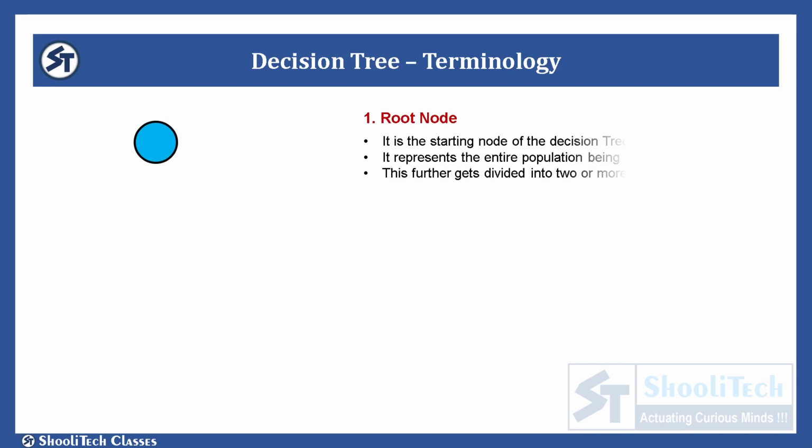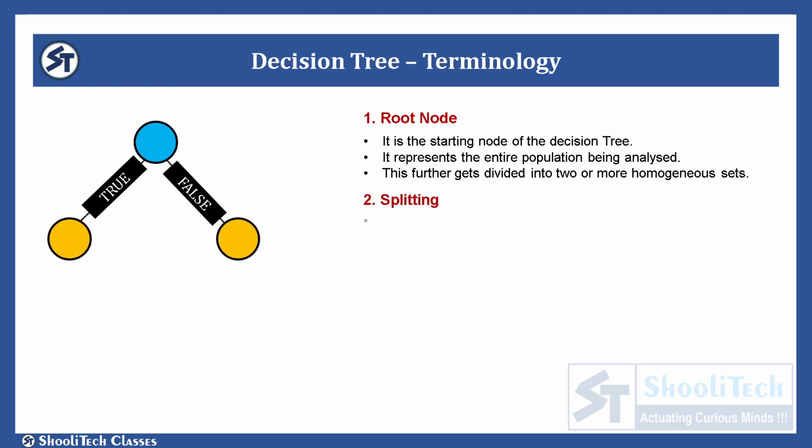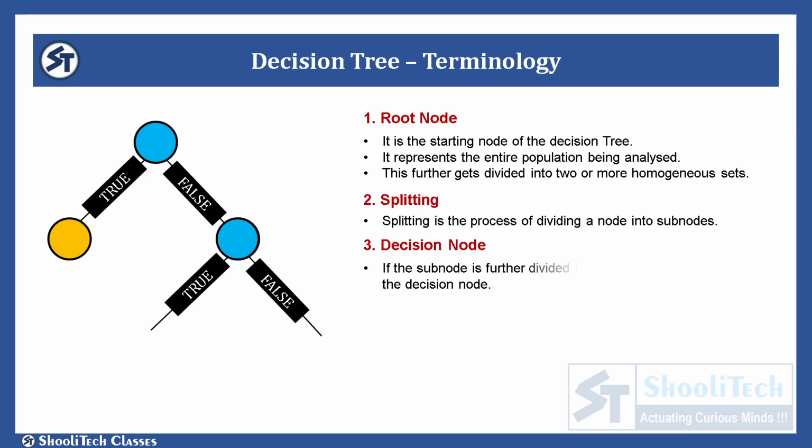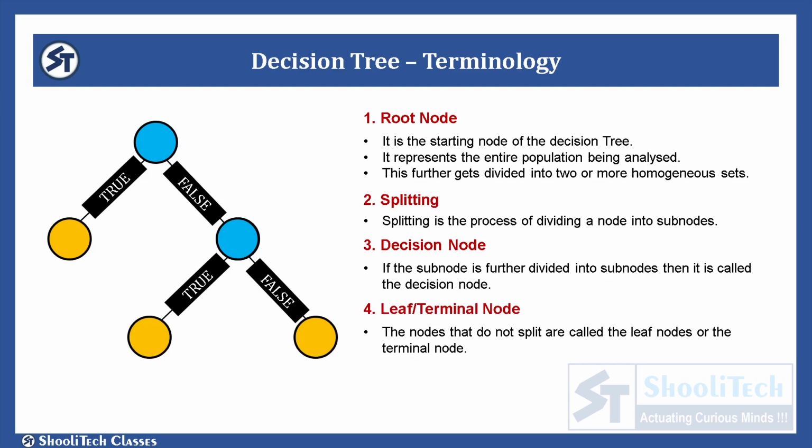Root node is at the beginning of a tree. It represents the entire population being analyzed, and this further gets divided into two or more homogeneous sets. Splitting is the process of dividing the node into subnodes. If a subnode is further divided into subnodes, then it is called decision node, and the nodes that do not split are called the leaf nodes or the terminal nodes.